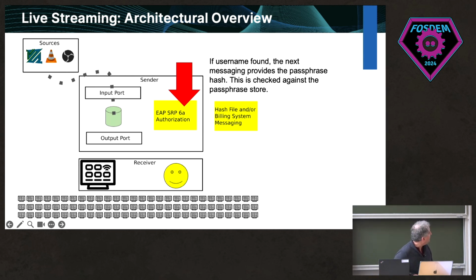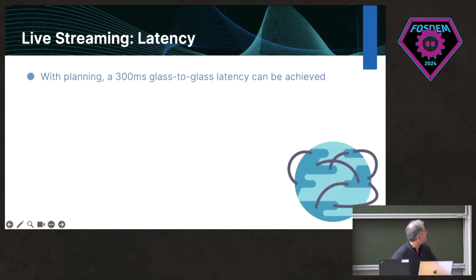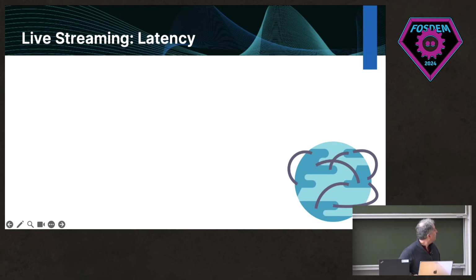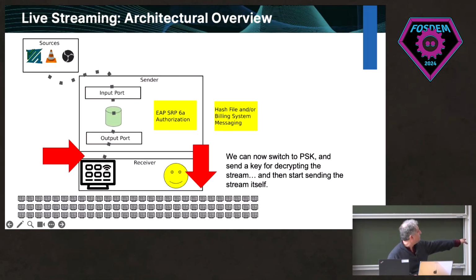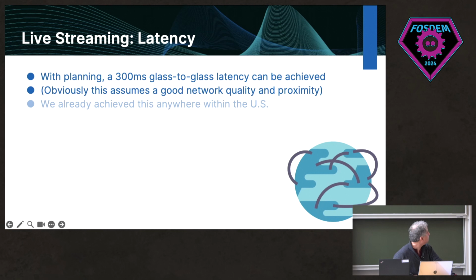If the authentication succeeds, then we send, as part of the SRP6a protocol, the pre-shared key so that the receiver can decrypt the data now. Once the data is decrypted, that's it. We have an end-to-end transmission from source to hundreds of destinations with just the RIST protocol in between.